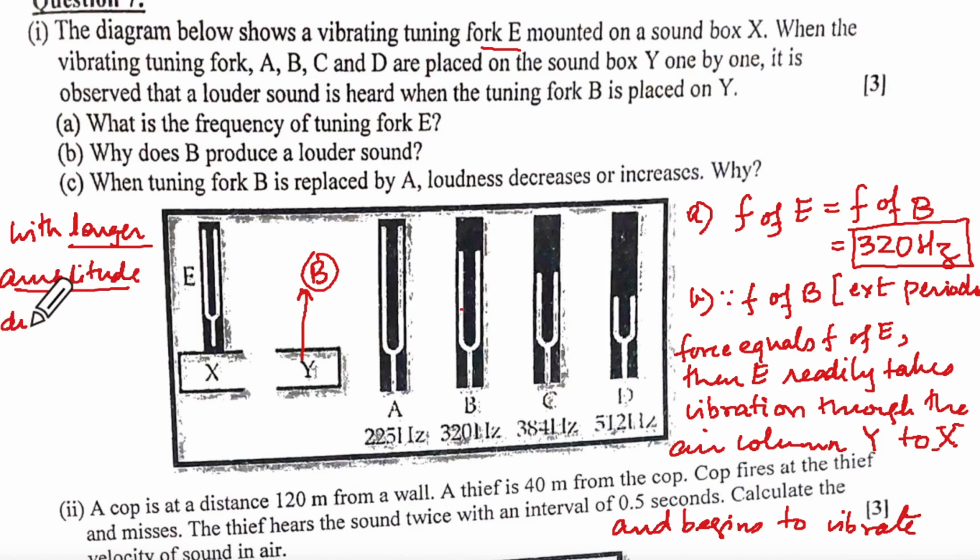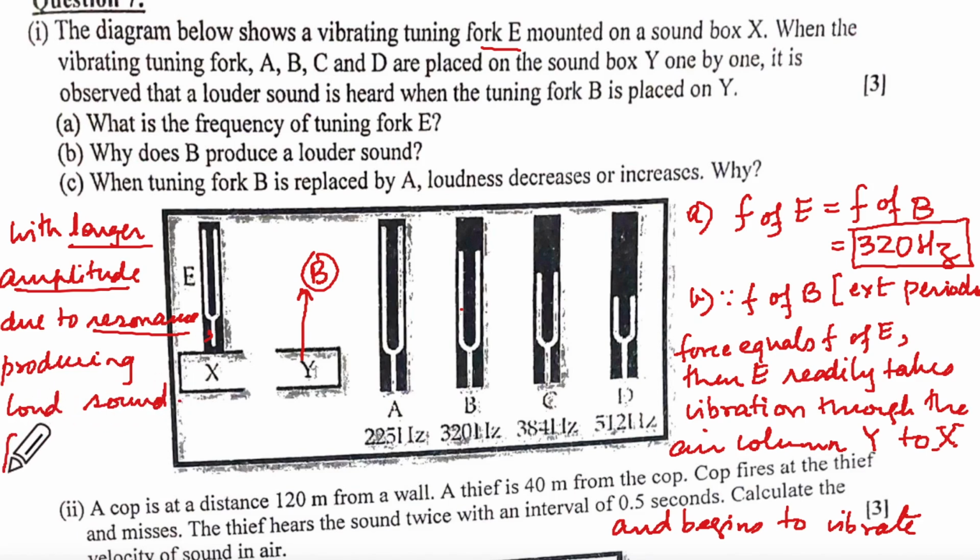Underline that, due to what? Phenomenon of resonance. Just write resonance, due to resonance. Larger amplitude due to resonance, comma, we didn't say louder sound, no? Producing loud sound. Now, if you want, you can even say loudness is proportional to amplitude square.